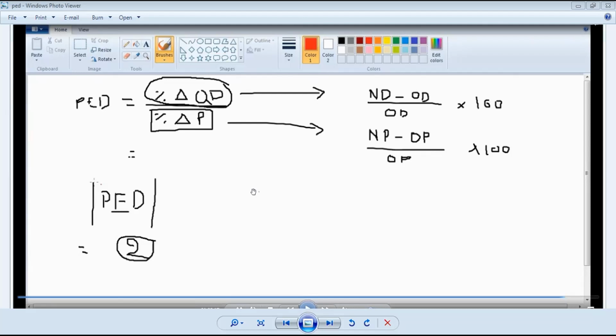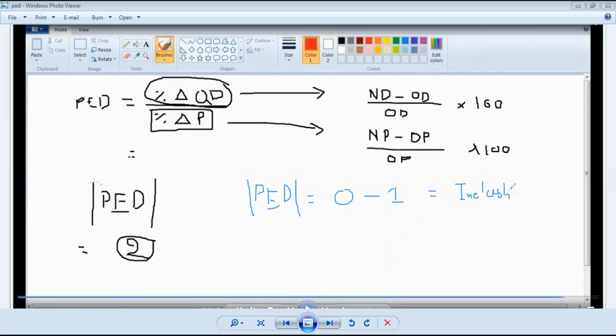That's very important. Let me write it down here. If your PED, that means absolute value, ignore the negative sign, is between 0 to 1, in that case it will be inelastic.